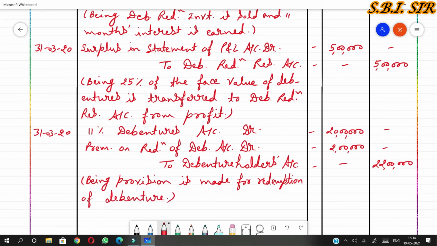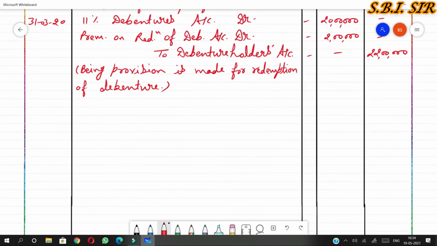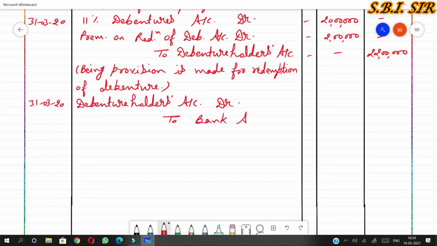After that we will pay the amount to debenture holders. So 31st March 2020, debenture holders account debit to bank account, 22 lakh.